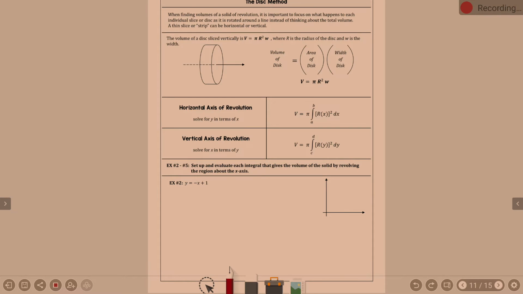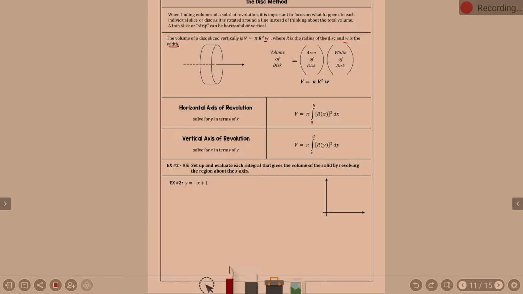Now, when we talk about the volume of a disk, it's a cylinder, right? We talked about pi r squared h. Here it's listed as pi r squared w, where w is the width. Same idea there.